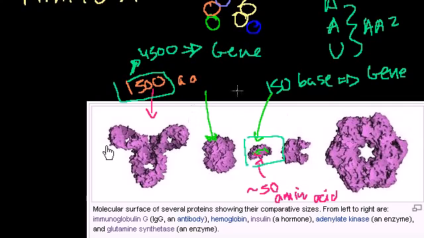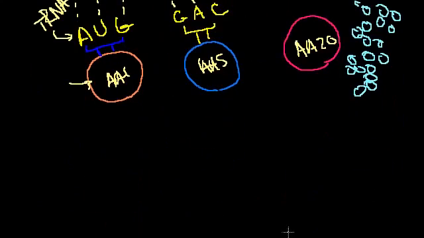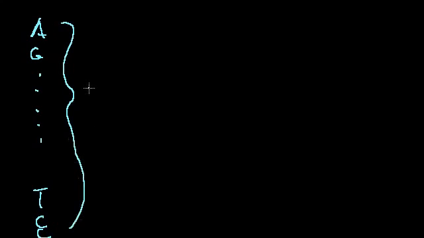Now, not all genes make proteins, but all proteins are made by genes. So let's say I have a bunch of A, G, and it goes down, down, down, and you have a T and then a C and a C, and let's say I have 4,500 of these. These could code for a protein.